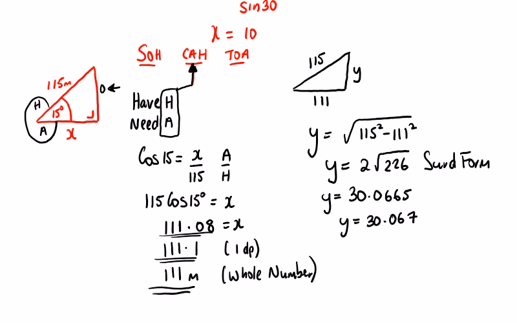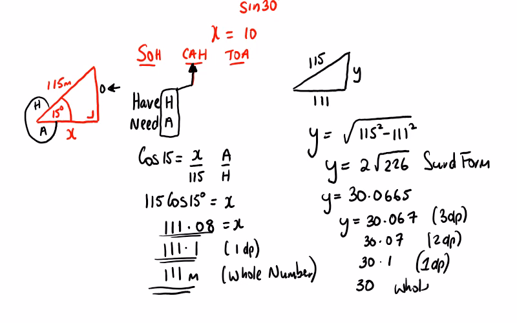To 2 decimal places, it will be 30.07. To 1 decimal place, it will be 30.1, and to the nearest whole number will be 30. So 3 dp, decimal places, 2 dp, 1 dp, and to the nearest whole number.